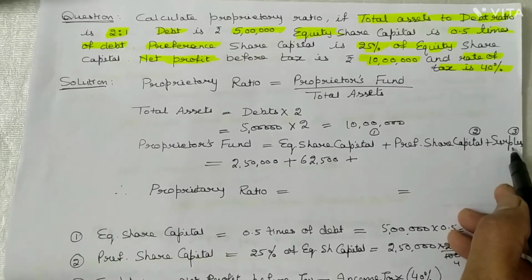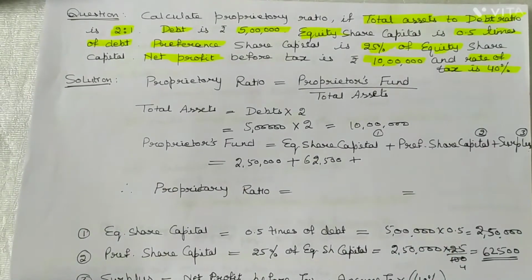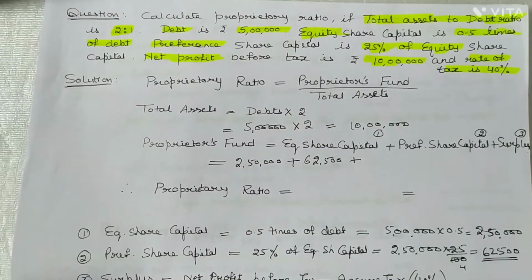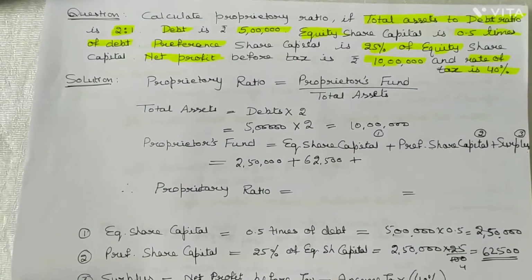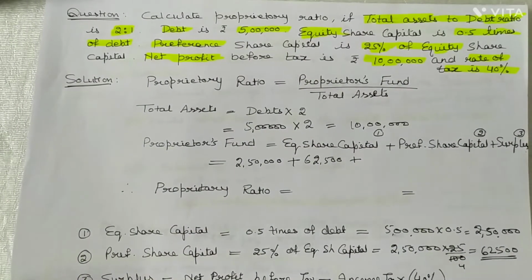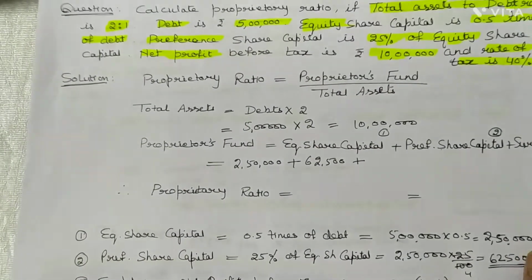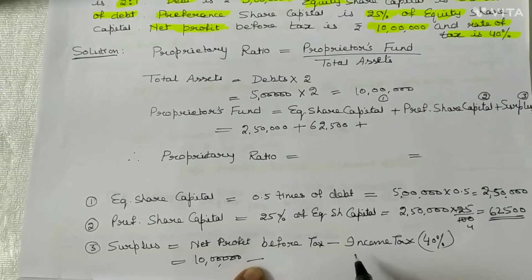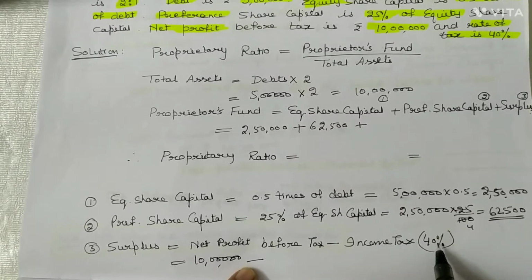Surplus is how much? Surplus is net profit before tax minus income tax. Here net profit before tax is 10 lakh minus income tax. Income tax is 40%.